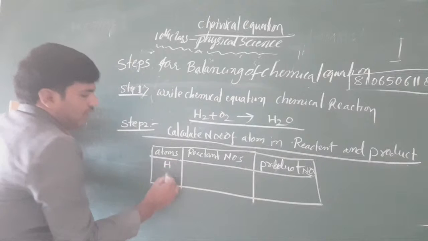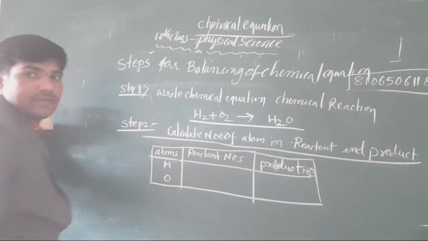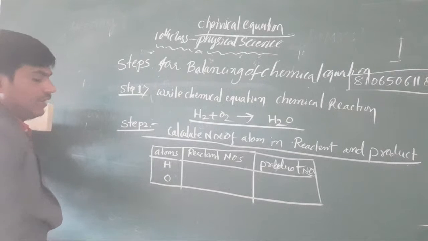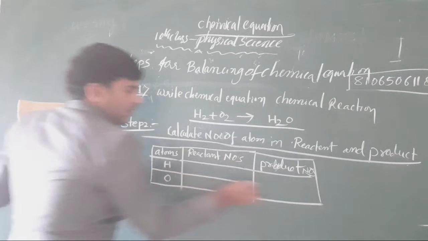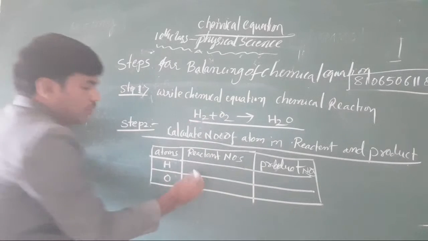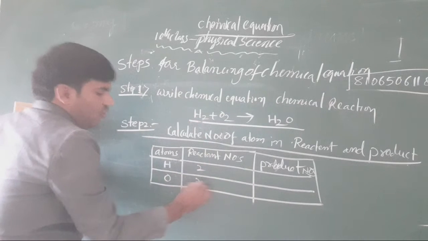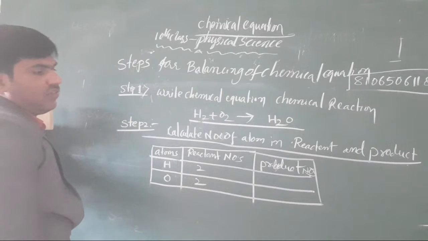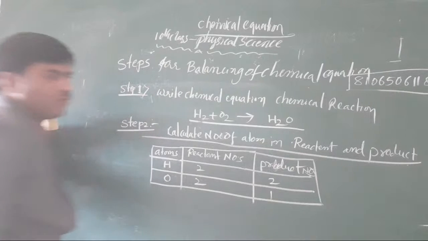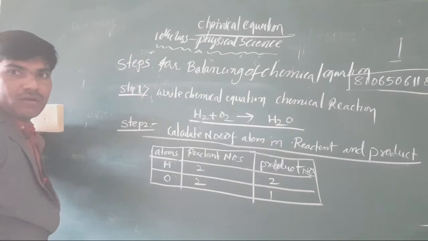Hydrogen is there and oxygen is there. Hydrogen as well as oxygen. How many are there on the reactant side? 2 is there, here also 2 is there. How many are there on the product side? Here 2 and here 1. Clear or not, all of you?